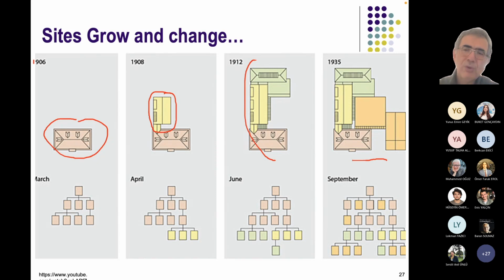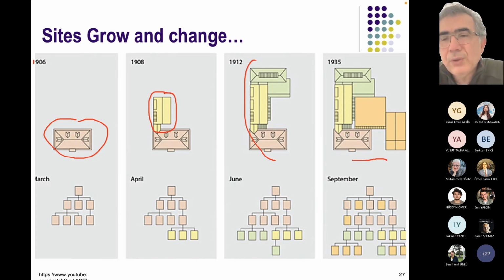Otherwise, if it is not suitable for growth, then people have to scrap it and redo it, which is more costly. And also, it's more difficult for users because users like to come back to the same place that they are used to. So if you keep changing the whole thing frequently, then it is not a good practice. Also, specific to web pages, there will be links coming from several places, from Wikipedia, from other places.